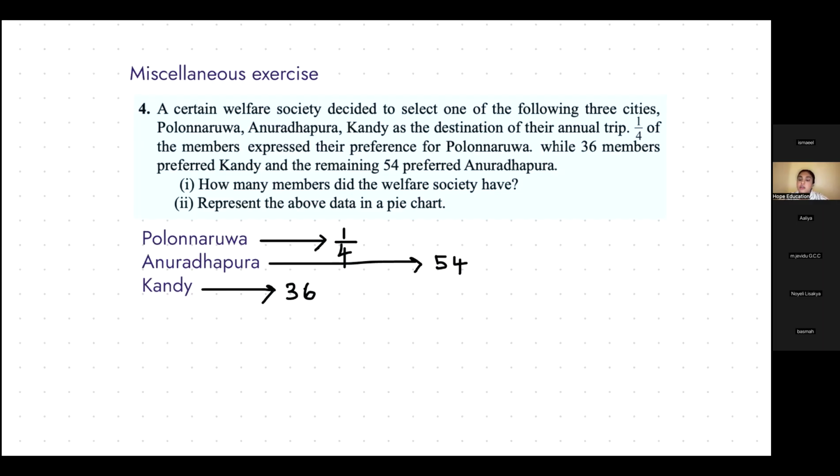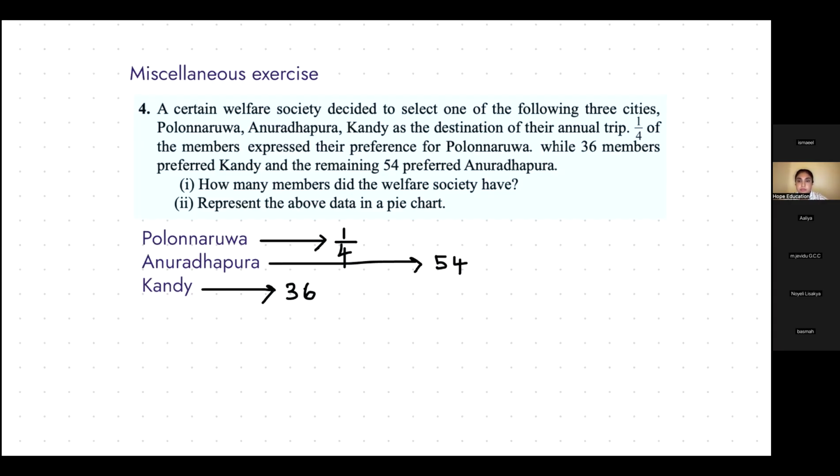Teacher, is the answer 120? Answer should be 120, yes. How did you get it, Basma? Did you have the working with you? Yes, I added 36 and 54. Since the remaining fraction is 3/4, that means 3/4 is equal to 90.